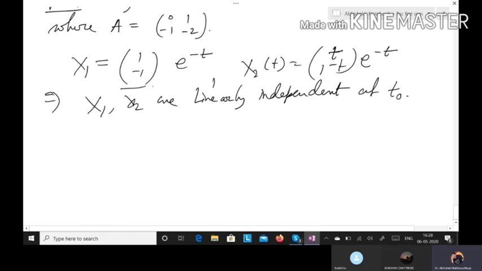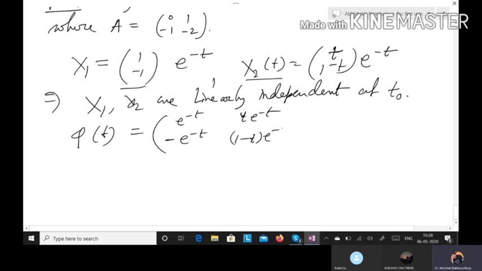Now if we constitute the matrix phi by using x1 and x2, we can write it as e to the power minus t, t e to the power minus t, minus e to the power minus t, and (1 minus t) e to the power minus t.